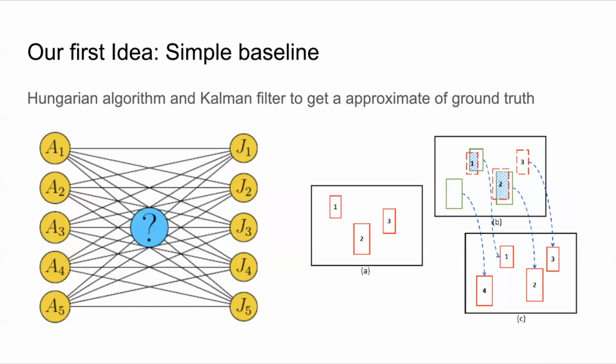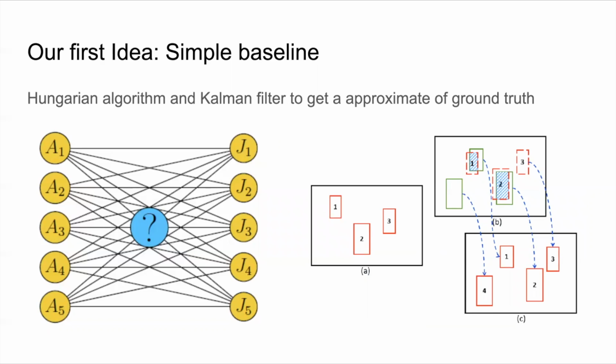We came up with several different ideas to solve this problem. First, we try to create a baseline by using the Hungarian algorithm and Kalman filter. The Hungarian algorithm can associate bounding boxes from one frame to another based on a score.